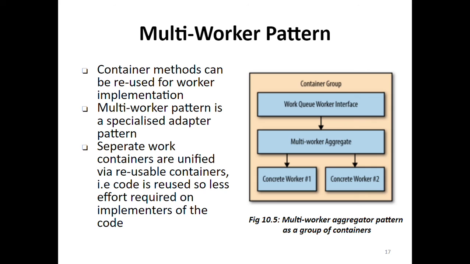To carry out this form of code reuse, we can use a multi-worker pattern, which is actually a specialized adapter pattern. This pattern works by unifying separate work containers through reusable containers, which means that implementers of the code have to put in less effort as previous code can be reused.